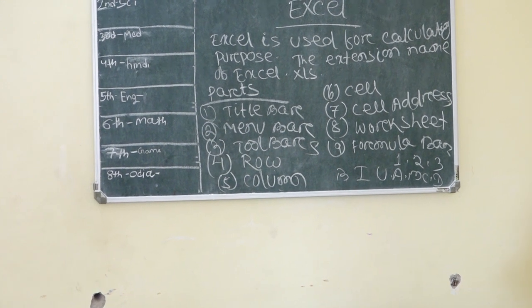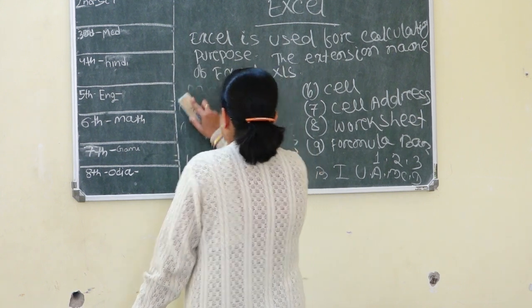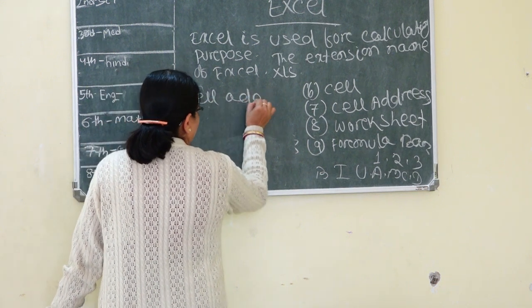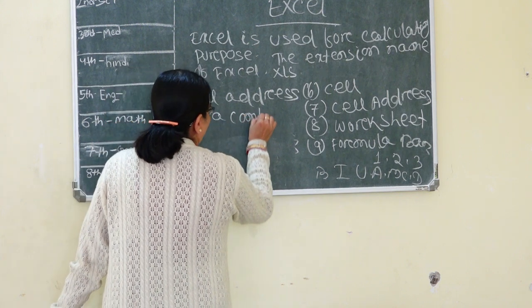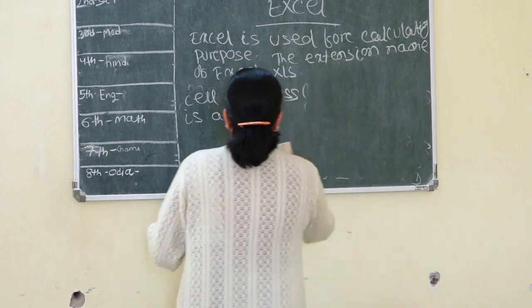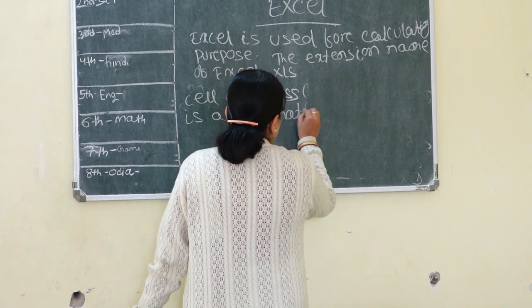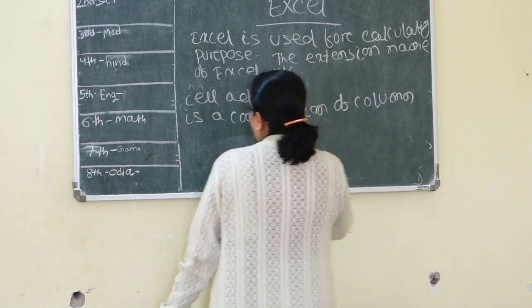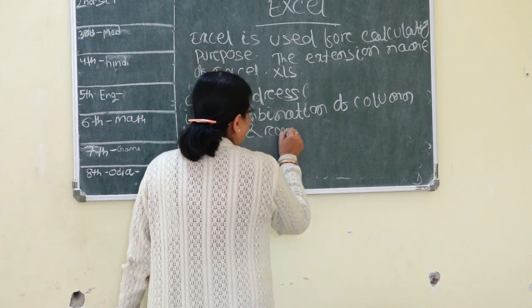Cell address is a combination of column letter and row number.